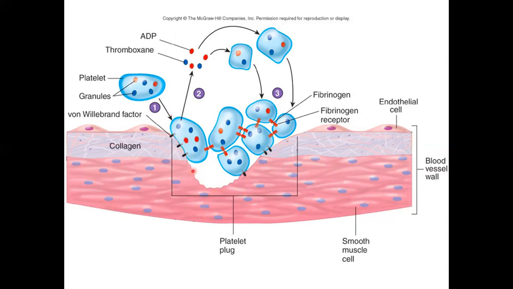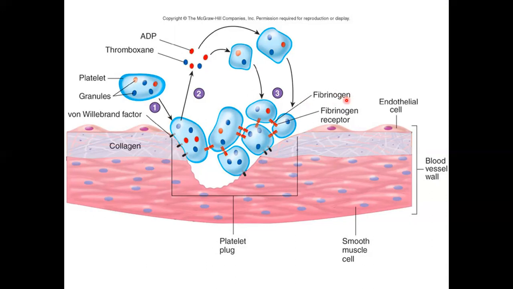And this damaged environment will start spasming so that you're not losing blood, right? Then the platelets release thromboxane and ATP and more chemicals that attract more platelets. Notice that the platelets stick to each other, they become sticky. They have fibrinogen attaching one platelet to another, okay? Fibrinogen is soluble in water.